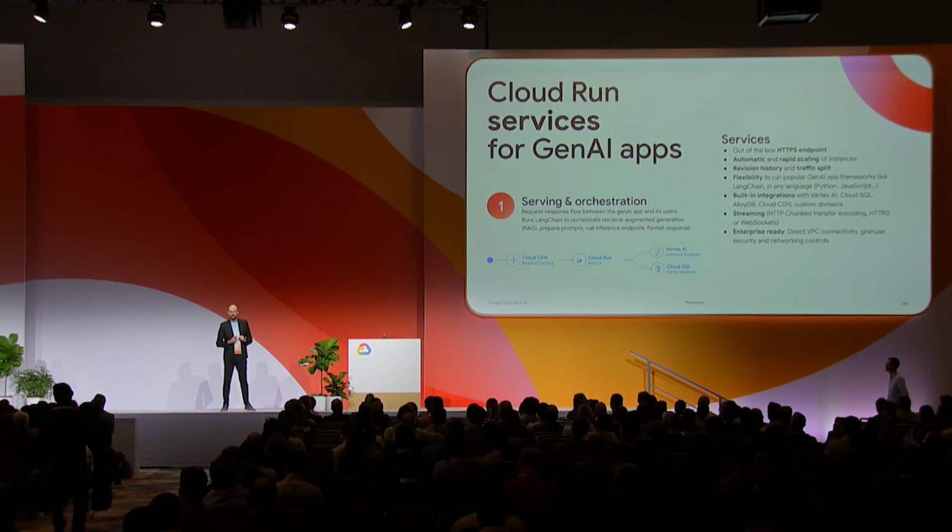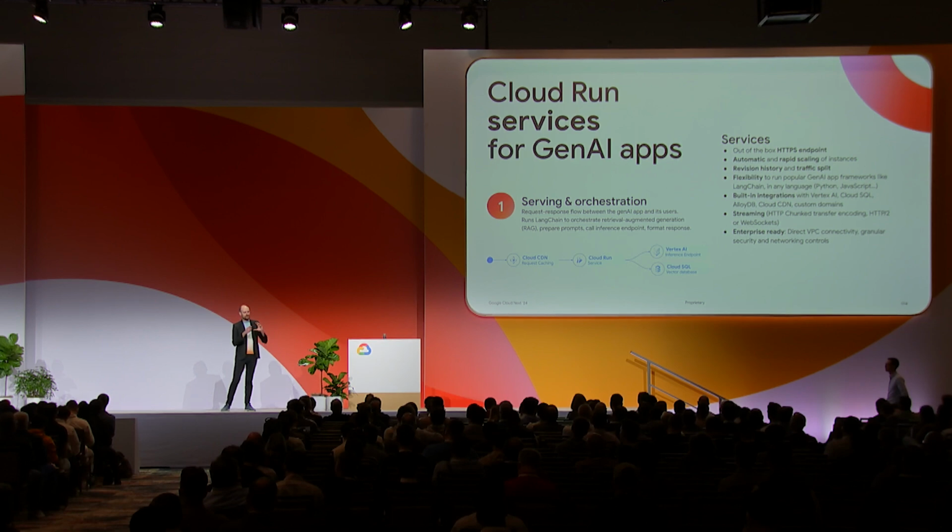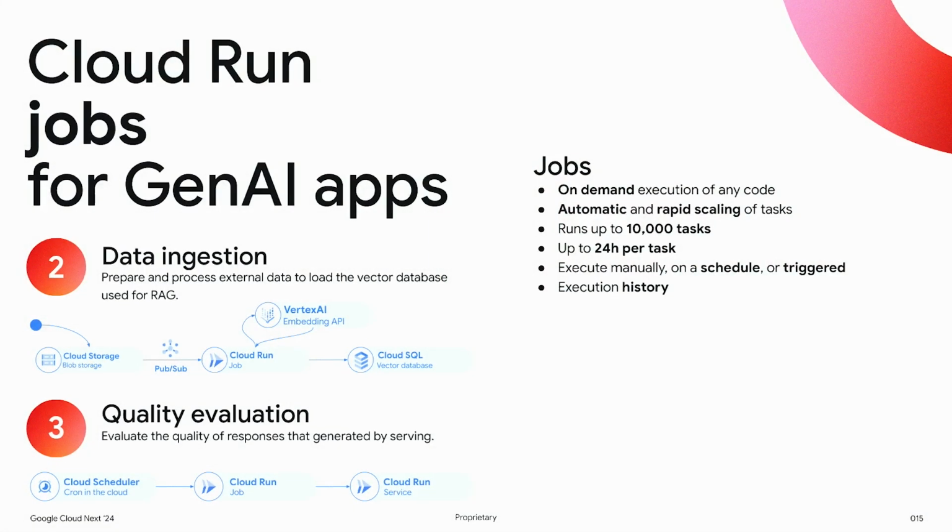So these were Cloud Run services for serving and orchestrating your GenAI app. This is the main component of your GenAI app. But there are other things you need to do in that app. And for that, you're going to use Cloud Run jobs. The first use case is data ingestion. Here, your goal is to prepare and process external data and to load this data into a vector database to be used for RAG.